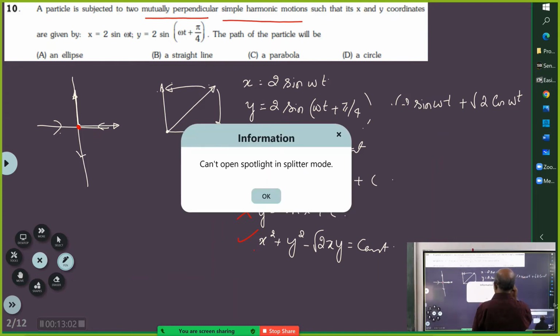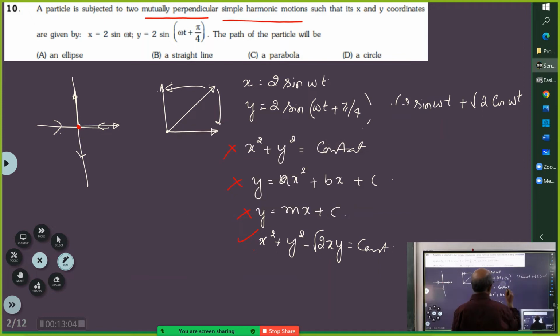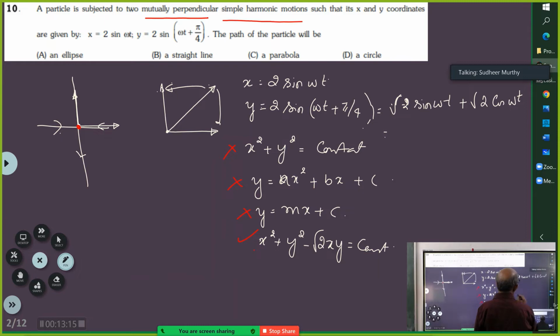Please write it as 2 sin omega t by root 2.